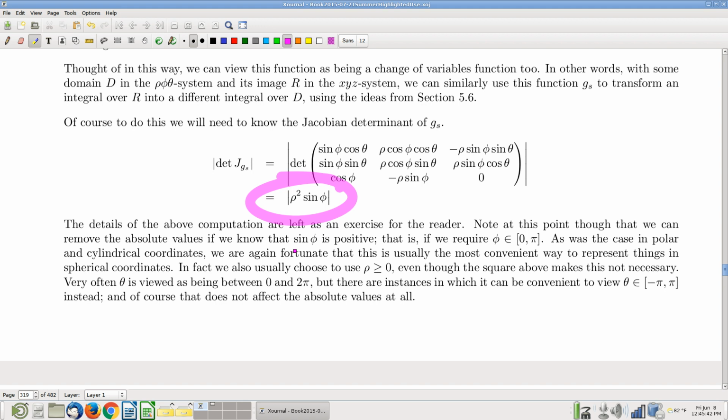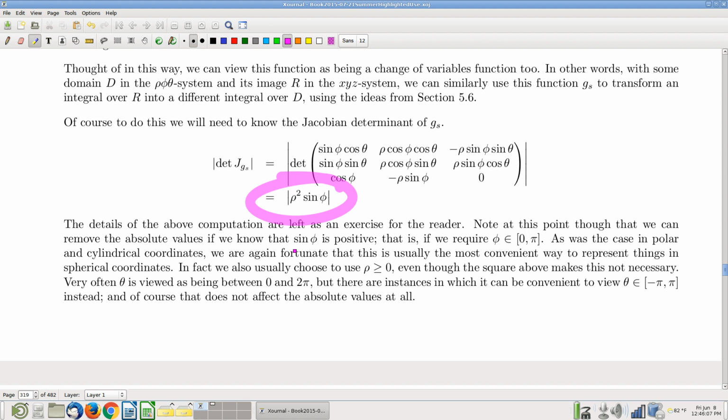What you have to be careful with is phi. You have to choose phi such that sine of phi is not negative. Now here's the good news. What you would like to do with phi, to avoid all of the geometric insanities that we saw back in chapter 1 of bending over backwards, turning around upside down, and all these weird things, is choose phi to be between 0 and pi.